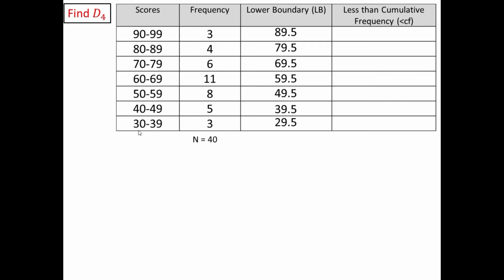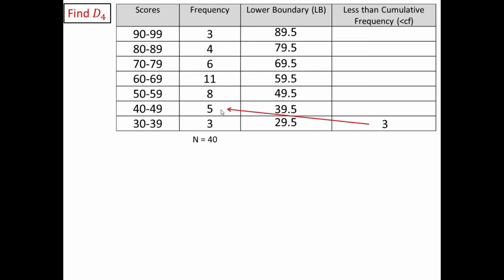Complete naman natin yung less than cumulative frequency column. Dito naman tayo. Again, magsisimula ka doon sa lowest class. Ito, si 30 to 39 rather. Consider mo yung frequency niya which is 3. So, yung frequency niya nung lowest class ay 3. Kokopyahin mo lang siya dito. Ayan, so 3. Next, si 3, i-add mo yung next na frequency which is 5.